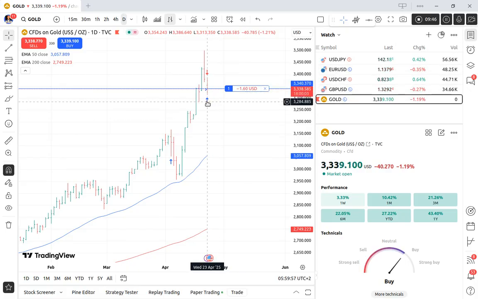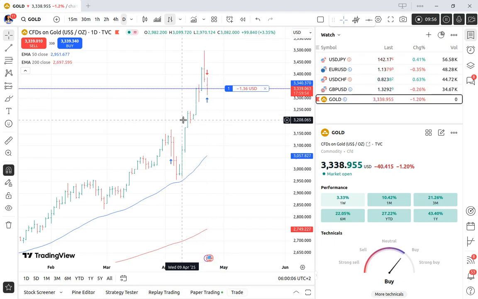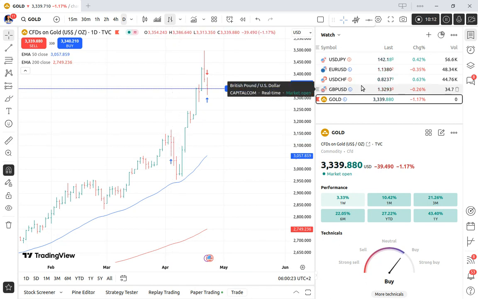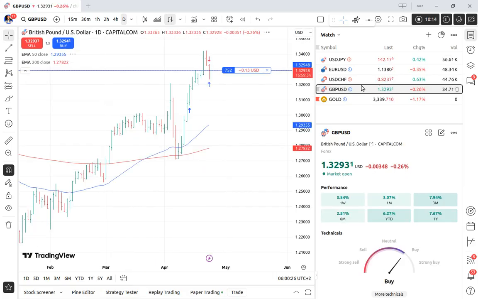So right now we're in a correction season. Again, I think this will last for about a month. The first one was on the 14th of April.